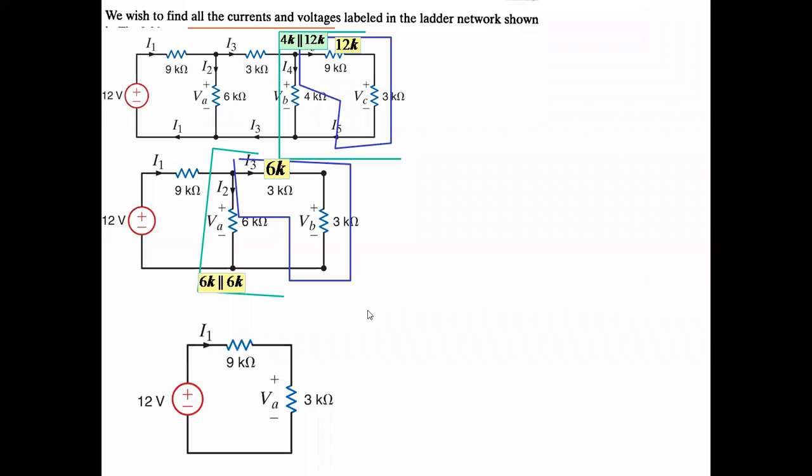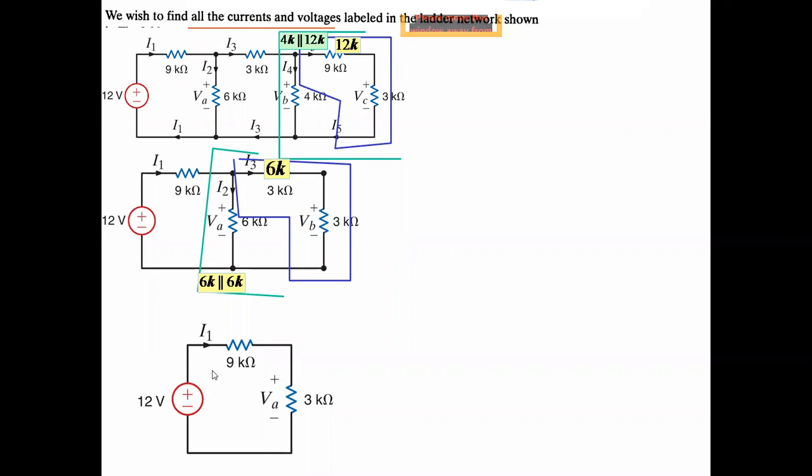After that, this 6 kilo ohm will come in parallel with 6 kilo ohm, and by solving 6 parallel with 6, you will get 3 kilo ohm, and we'll draw a circuit like this. Our strategy was to reduce this complex circuit to a single loop. So this is our first step.